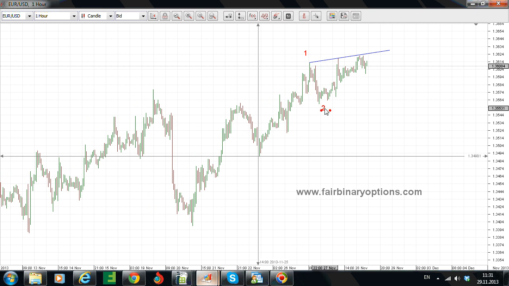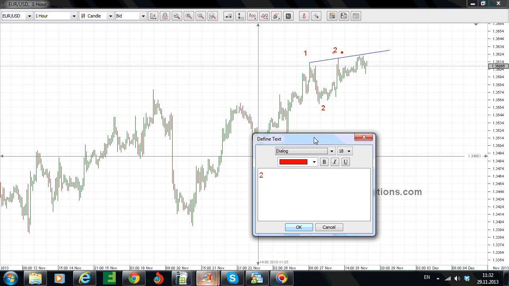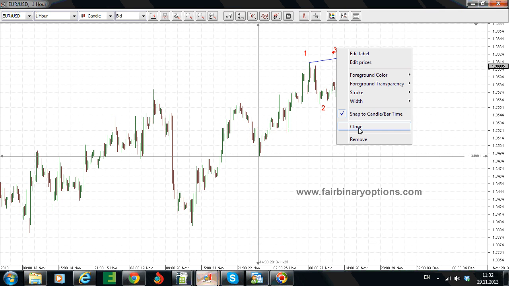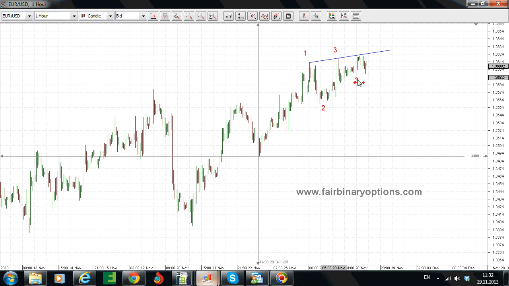So let's say the second wave is done here, then so the 1 and then the 2, then we have a third wave to the upside, a fourth wave here, and the fourth wave to be done out of with a contracting triangle of a lower degree.